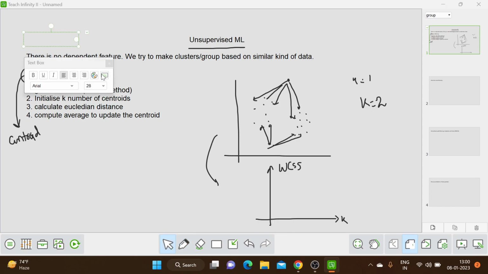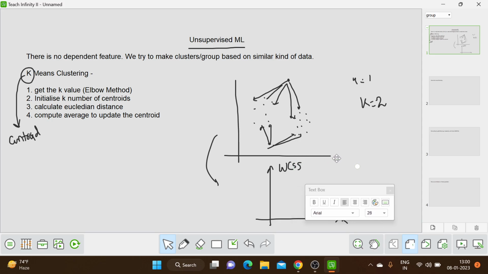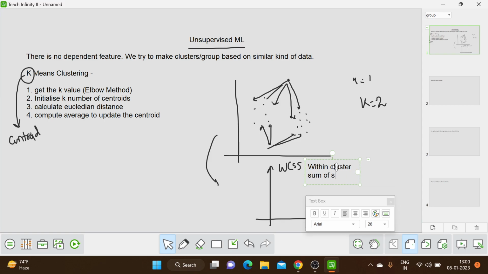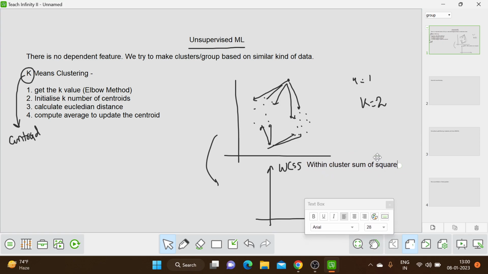I write over here: within cluster sum of square. This within cluster sum of square means this distance only. And these are my k values.